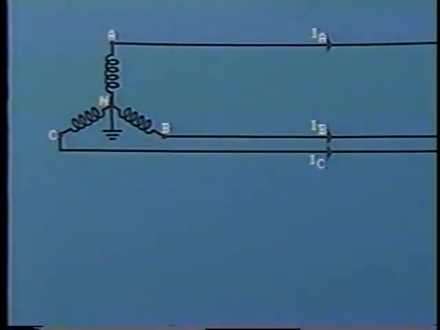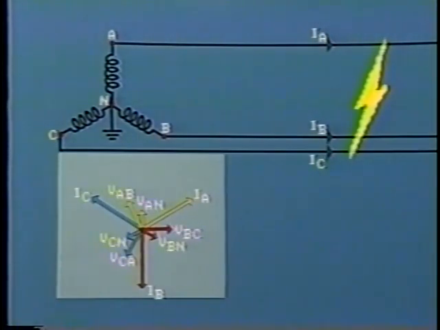Now, let's see what happens if a short circuit occurs across all three phases at the end of the line. Referring to the phasor diagram, we see conditions at the fault location. In studying these fault characteristics, it is usual to consider that there is zero load current on the system, so only fault currents are indicated.